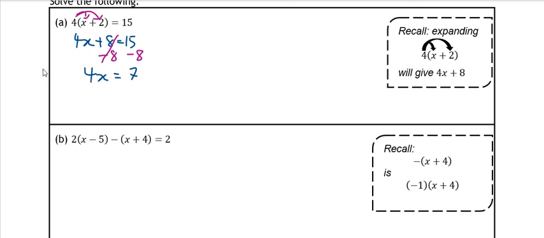So 4x will be divided by 4, and on the right side, you also do the same thing. Therefore, your x will be 7 over 4. You can leave your answer like this, or you can make it into a mixed number. Here, the mixed number will be 1, and 1 times 4 is 4, plus 3 will give you 7 on the numerator. So that's your answer for this part, okay?